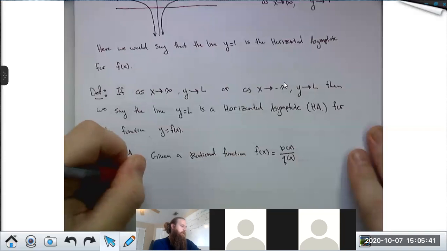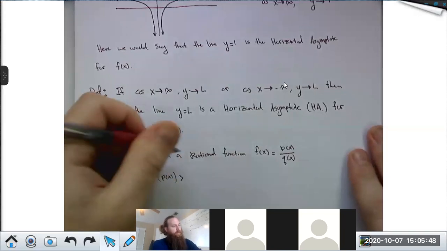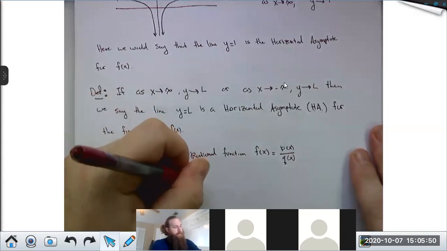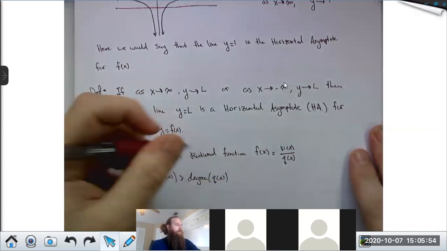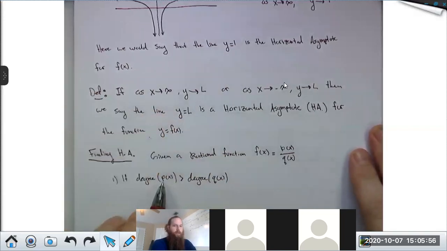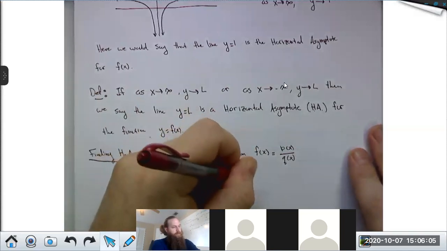If the degree of the top, p of x, is bigger than the degree of the bottom, q of x, like if the top has an x cubed in it and the bottom just has x's and x squareds, then there is no horizontal asymptote.